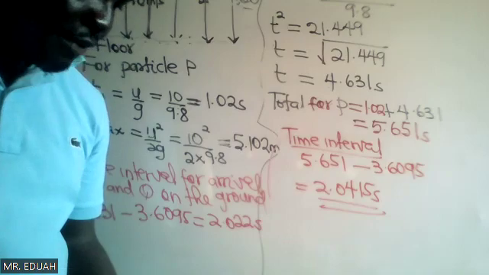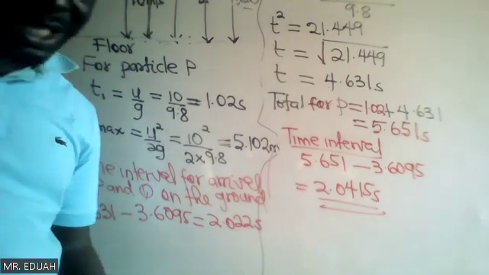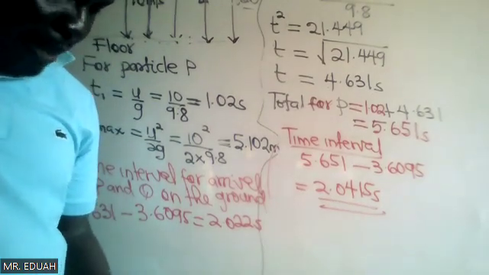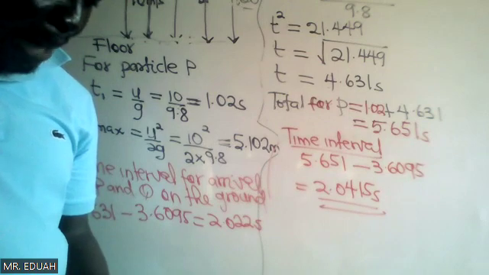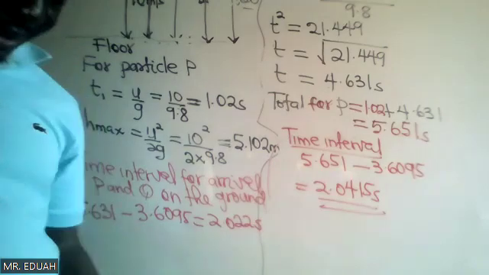Particle P is first shot up. This time around, both particles are shot vertically up. Particle P is first up with a velocity of 40 meters per second.